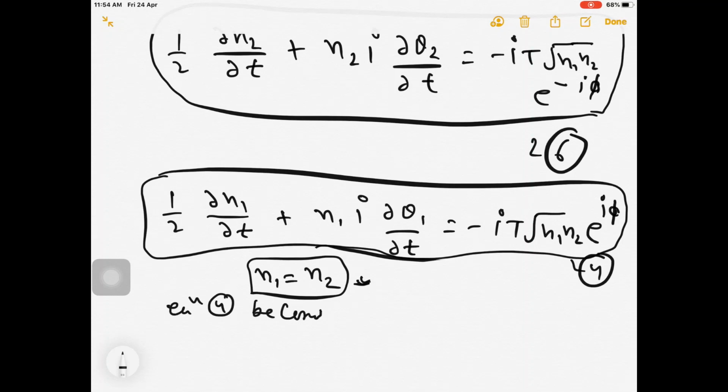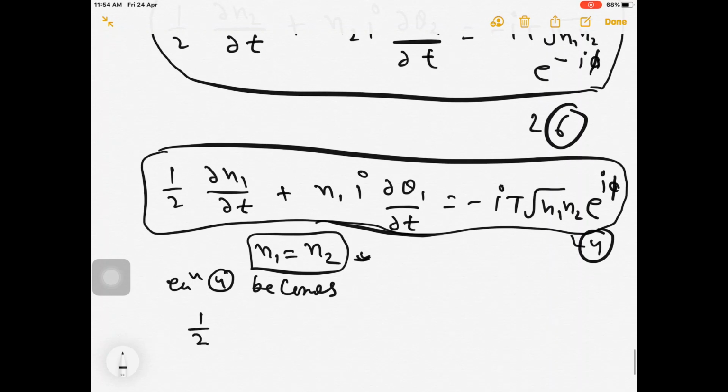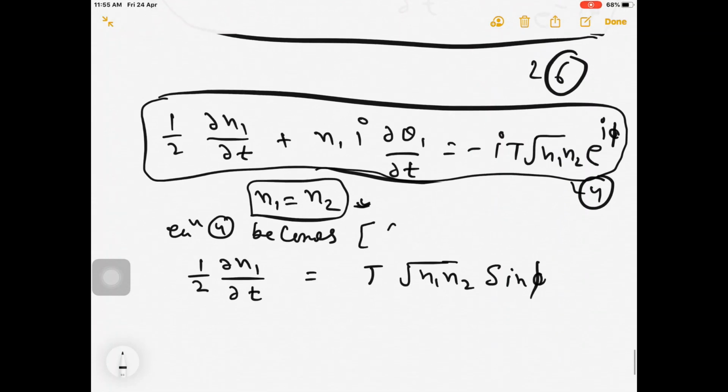So equation 4 becomes 1 by 2 del n1 divided by del t equals t under root n1 n2 sine phi. Actually I am comparing the real and imaginary parts.